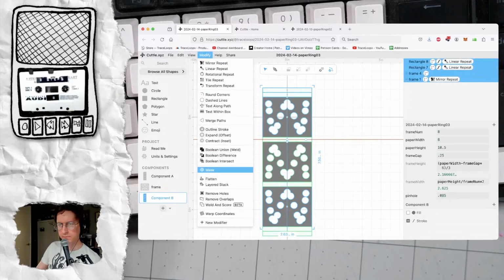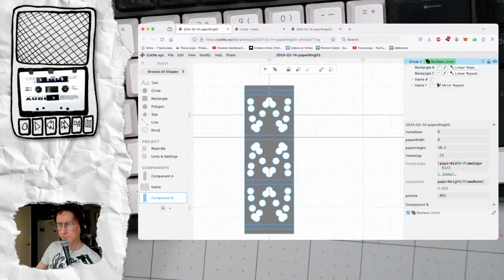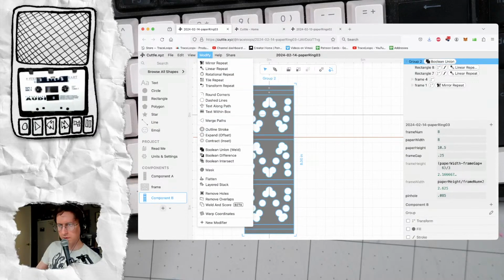Modify Boolean union. Modify linear repeat.